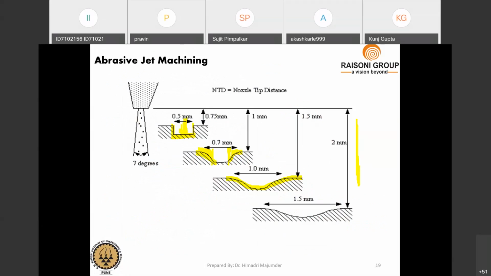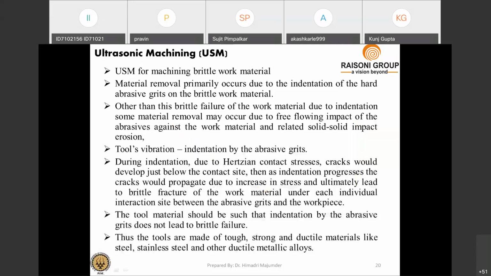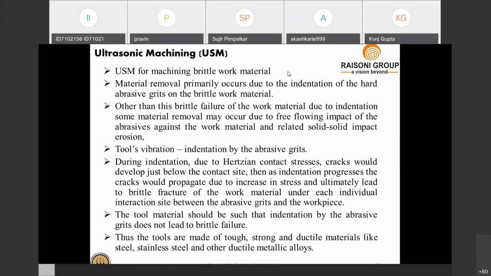Then we also saw the effect of standoff distance on material removal. After that we will continue with another advanced machining process which is known as ultrasonic machining, USM.